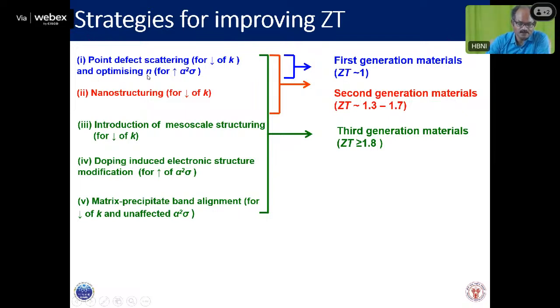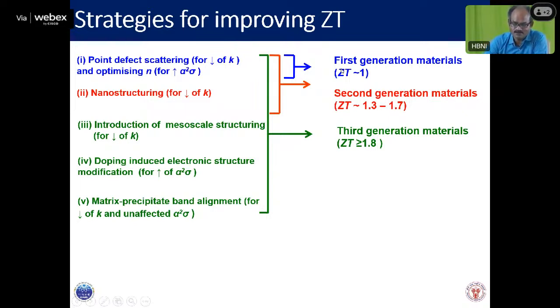And the N, which is the carrier concentration, is optimized. You can increase it, then alpha square and sigma will increase. So you increase the conductivity by optimizing the carrier concentration. At the same time, you create point defects inside your material deliberately, and it reduces the thermal conductivity because of phonon scattering. These kinds of materials are called first generation materials.